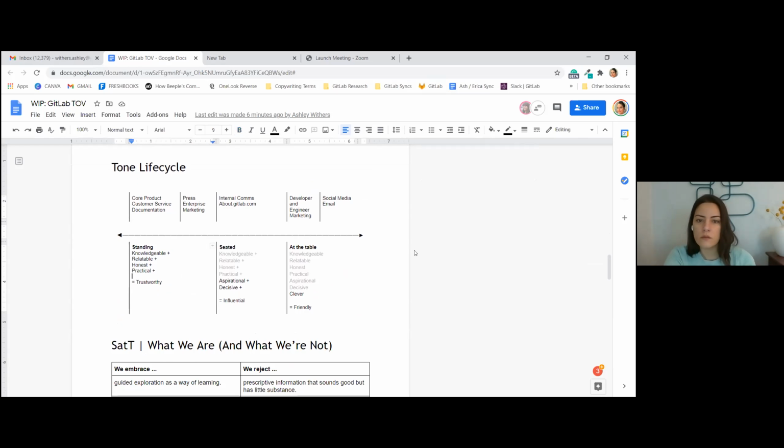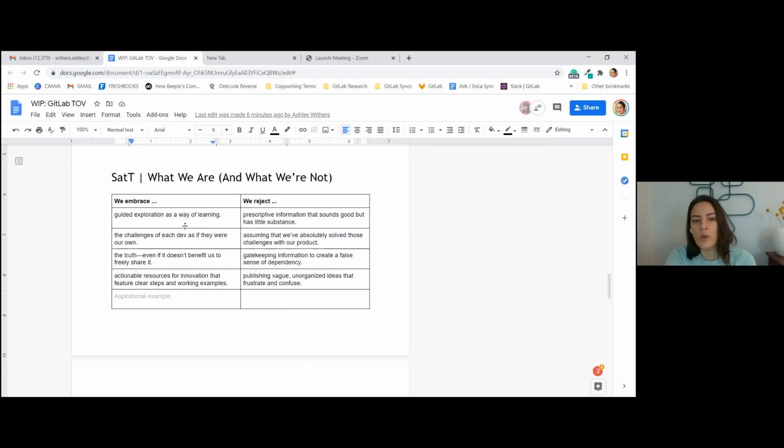So again, looking at this, now you can understand a little bit more where these are coming from. And here's the traditional do this, not that, that you'll see with the tone of voice, but I really liked instead saying we embrace versus we reject, because it feels like that thought leader, innovator type mindset. So we embrace guided exploration as a way of learning.